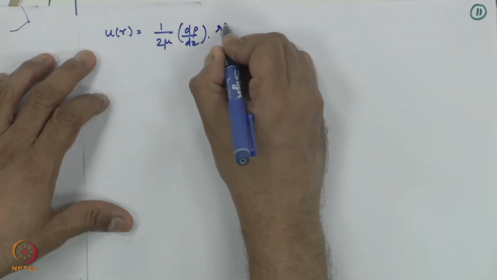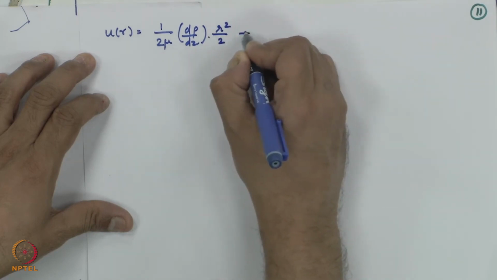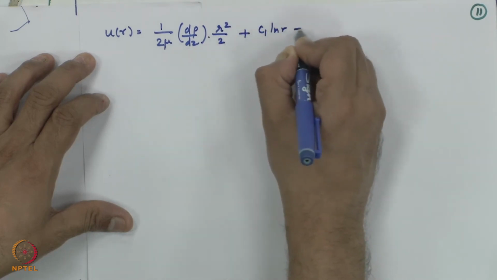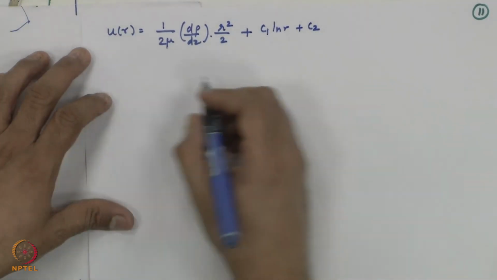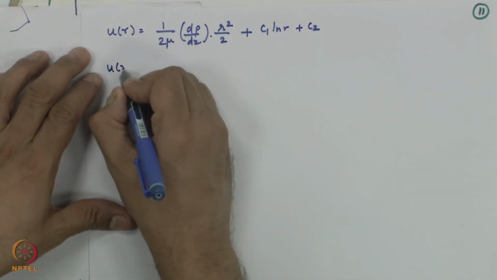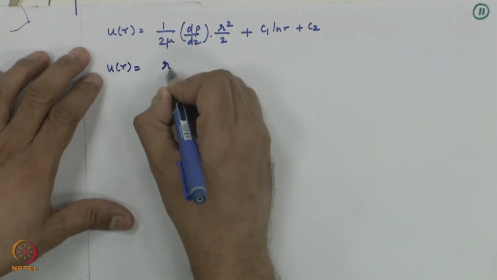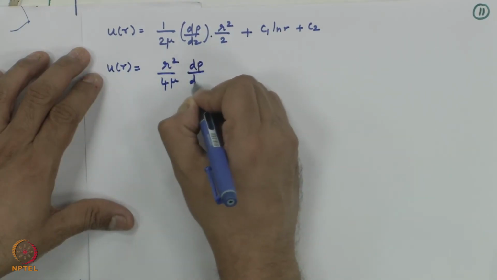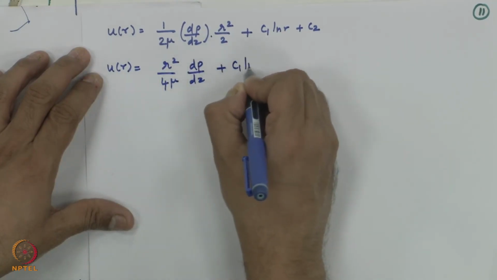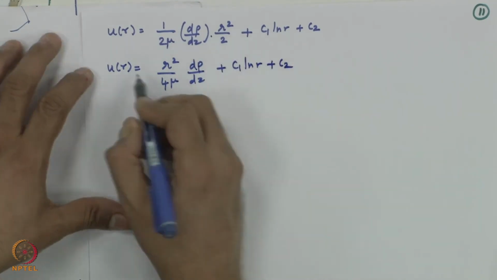The r integral is r squared by 2 plus C 1 log r plus C 2, which is written now in a nice way as r squared by 4 mu dp by dz plus C 1 log r plus C 2.